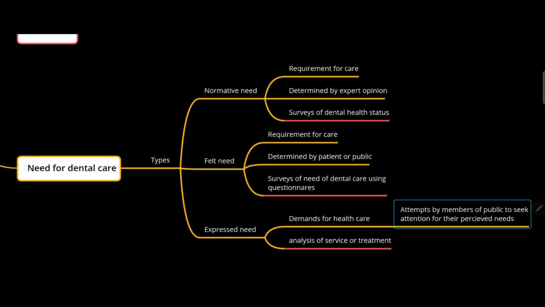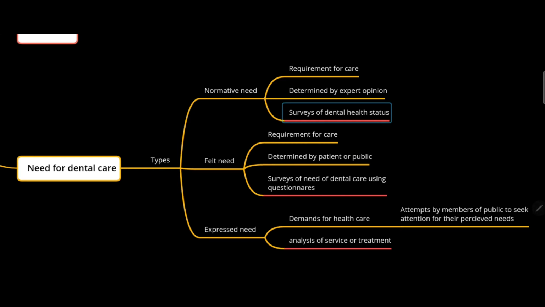Now, there are different approaches to estimate need. Okay, so if you want to estimate the normative need, you will have to collect surveys of dental health status. So, you will have to go and actually survey the dental health status in that community or those group of individuals that you want to estimate the need for.